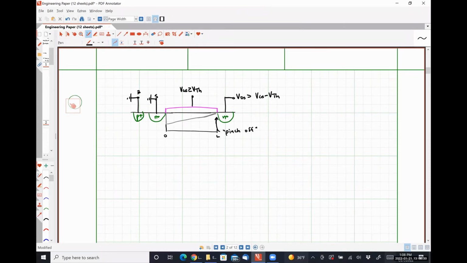When VDS is greater than VGS minus VTH, this pinch off location moves closer to X equal to 0. So it moves into the device like so. So let's call this distance here L prime, which would be an arbitrary distance where we are a little bit beyond pinch off.